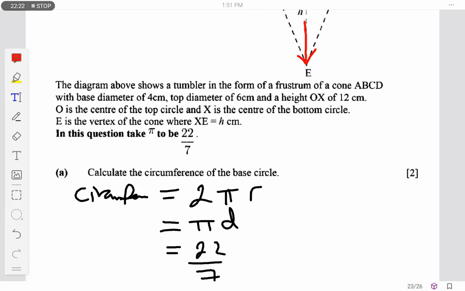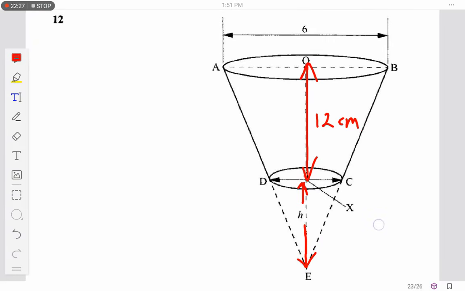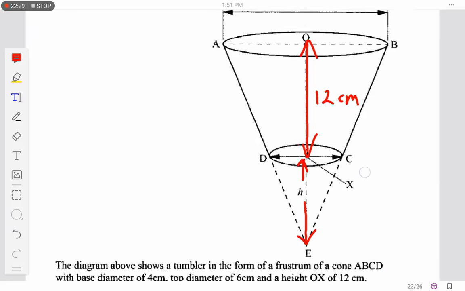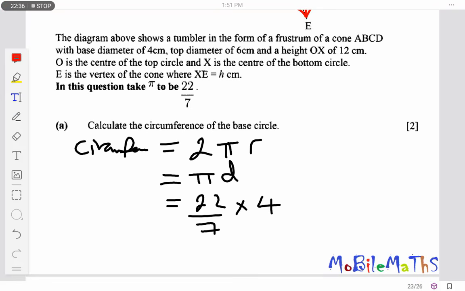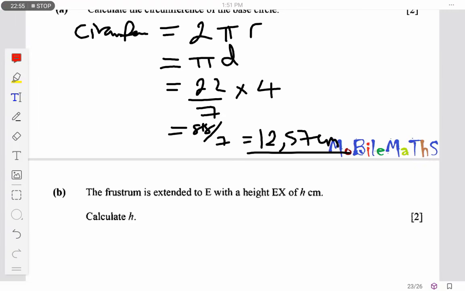The base circle has diameter 4, so it's times 4 here. So 22 times 4, that's 88, divided by 7. So I'm getting 12.57 centimeters. So that's the circumference. Let's move on to the next question.